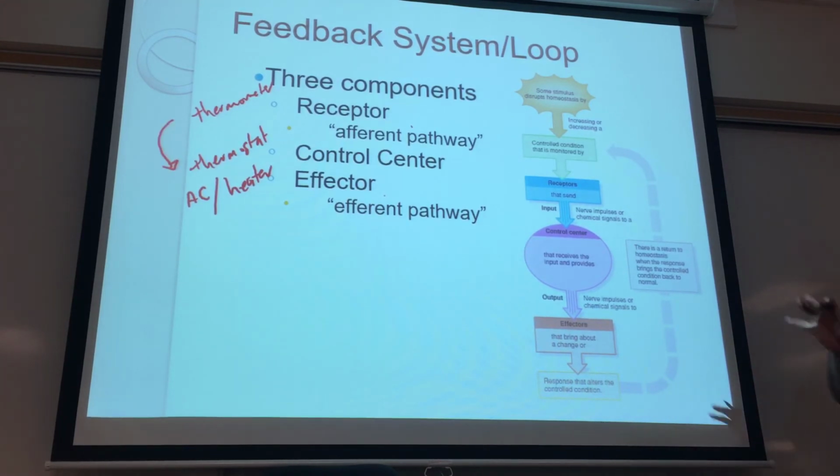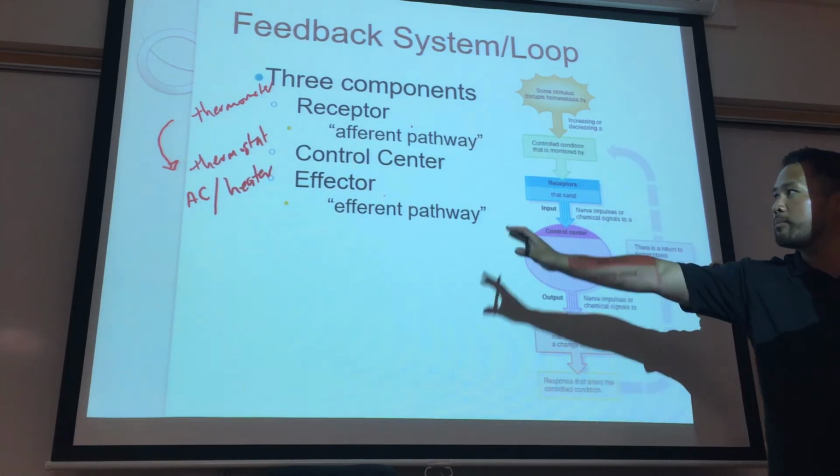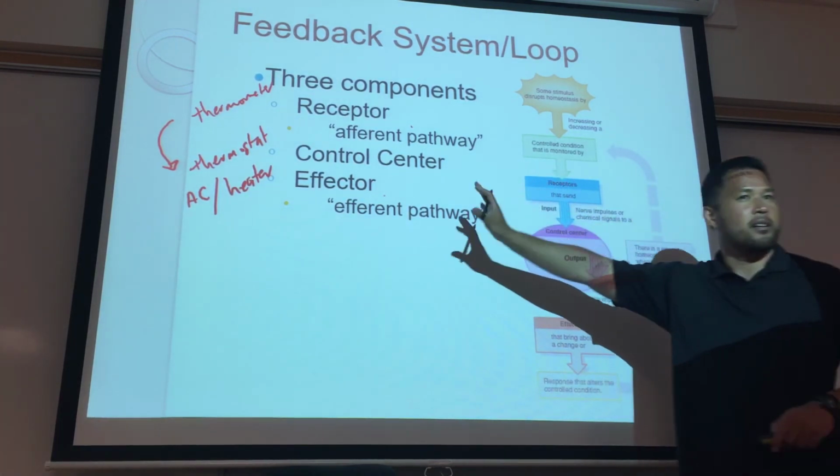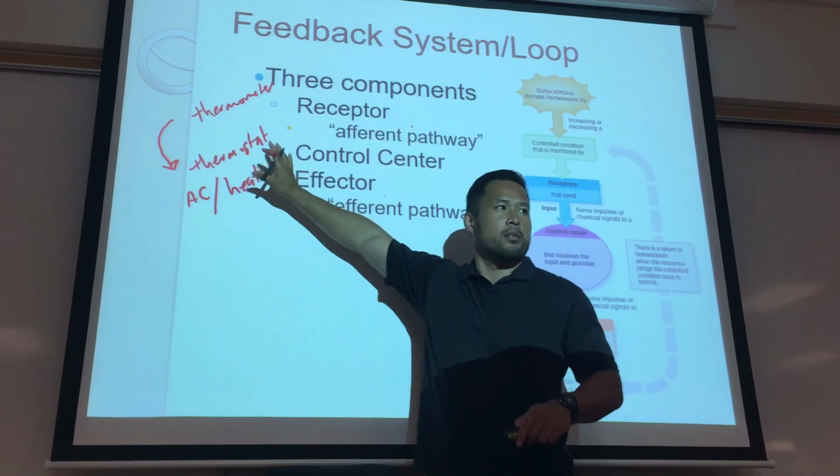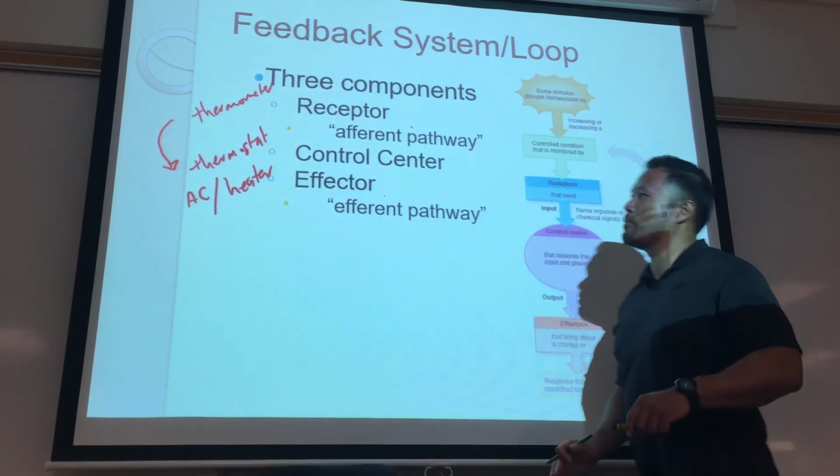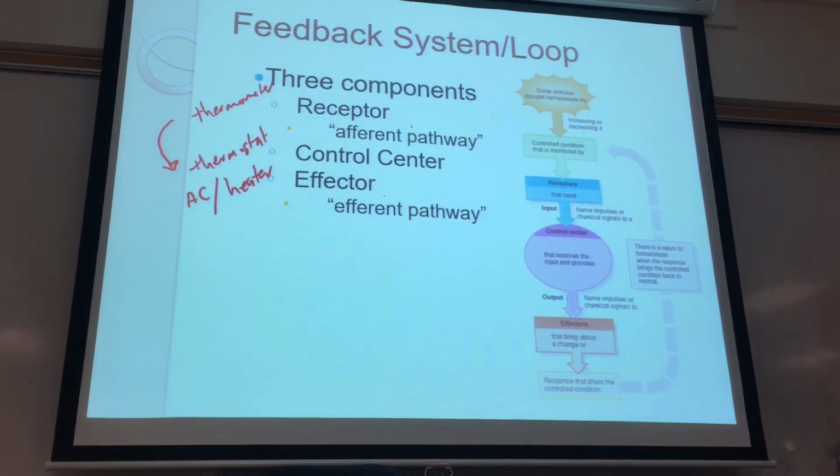And the thermostat is where you go in and you program, or maybe the thermometer if you got one of those fancier air conditioning units that will do whatever it's supposed to do, which is too fancy for me. You take those thermostats and it says the temperature we wanted the room to be is 70 degrees. Okay? So the thermostat says 70 degrees is our set point. It's going to take the information it's receiving from the receptors or the sensor, the thermometer.